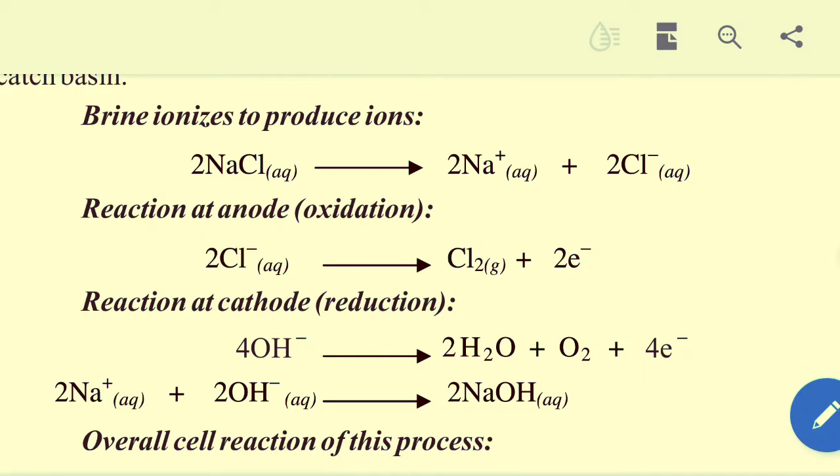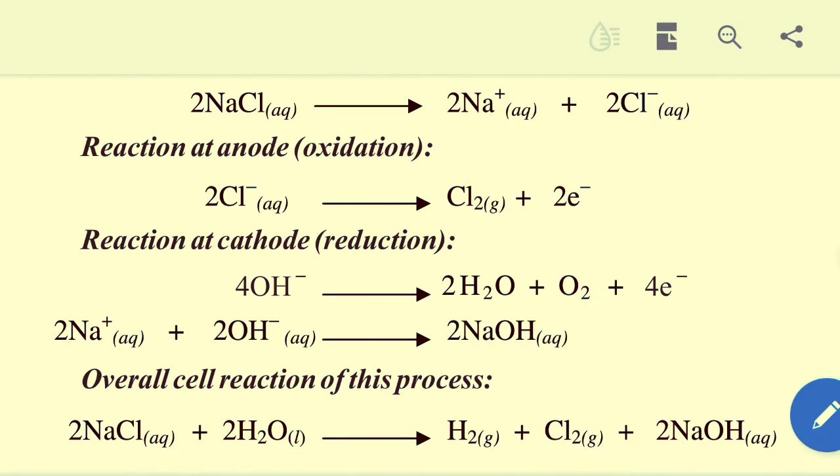Reaction at the cathode: hydroxide ion will give 4 electrons and convert into water, and sodium and hydroxide ions will combine with each other to form sodium hydroxide. Reaction at the cathode, reduction: sodium ions react with hydroxide ions and convert to sodium hydroxide.